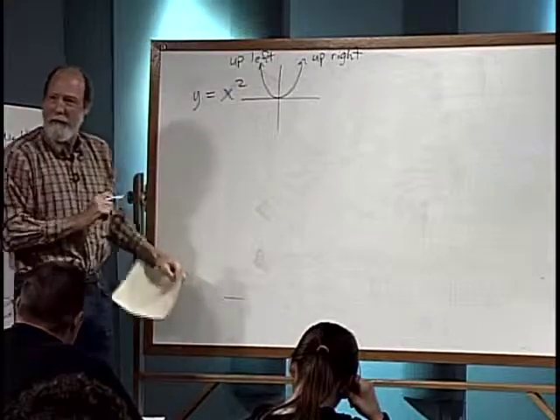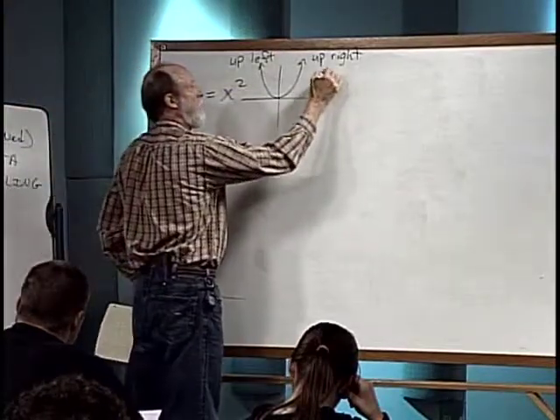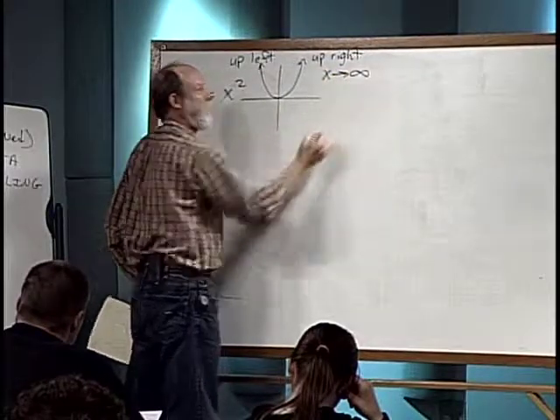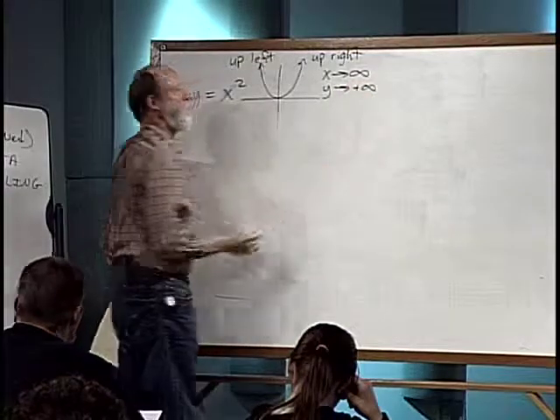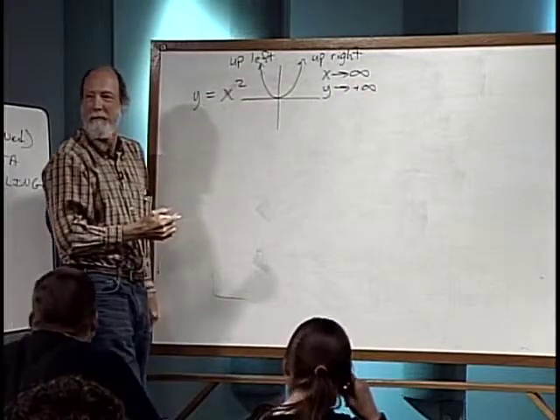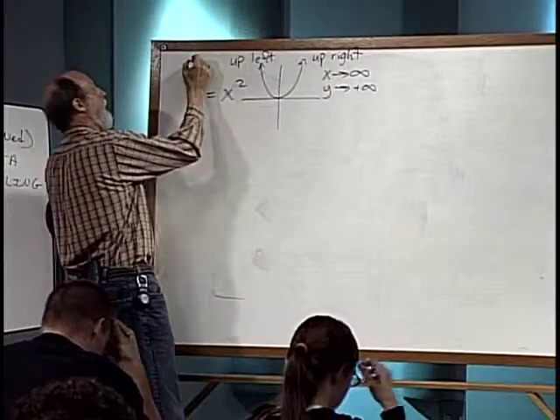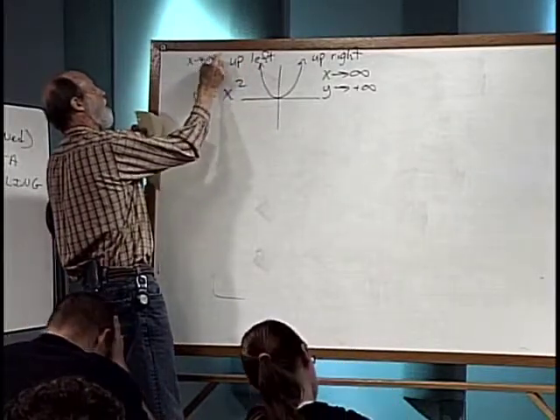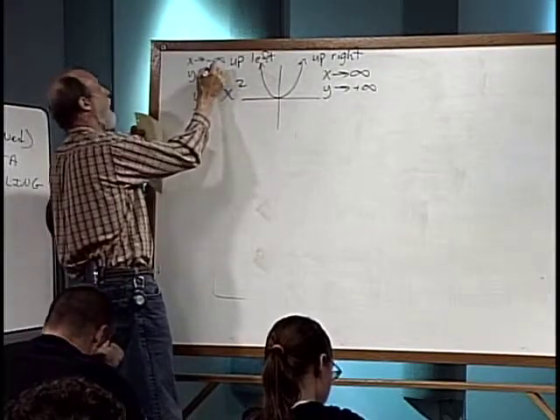There is a more sophisticated way of showing that. Over here, if x goes towards infinity, y is approaching plus infinity. See that? And over here, for up left, if x is approaching negative infinity, y is approaching what? Positive infinity.